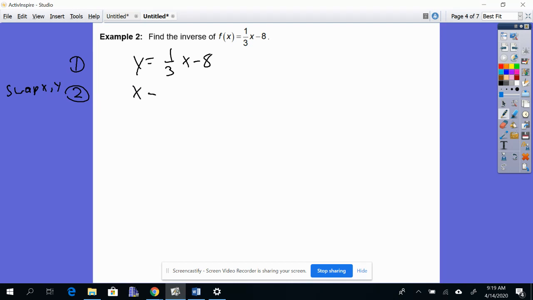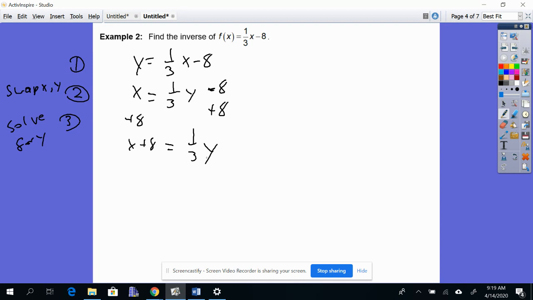So x equals 1/3y minus 8. Okay, and then I'm just going to solve for y, just like you did on the last unit when you were solving for a specific variable. So I'm going to try to get everything away from y. So plus 8, x plus 8, solve for y, equals 1/3y.